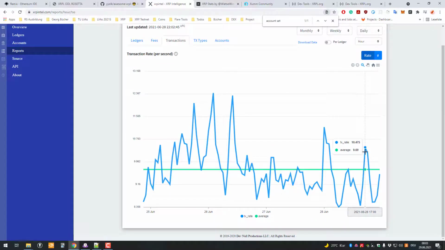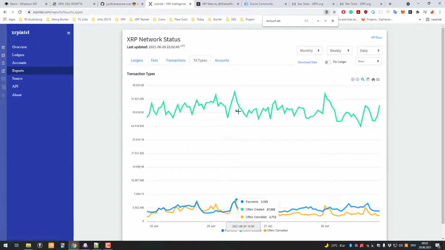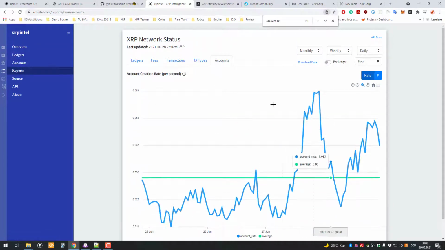In the last hour, for example, there have been almost 10,000 transactions and so on. So there are more on-chain metrics basically. You can also see how many accounts are being created constantly. The account rate at that point was 0.06.